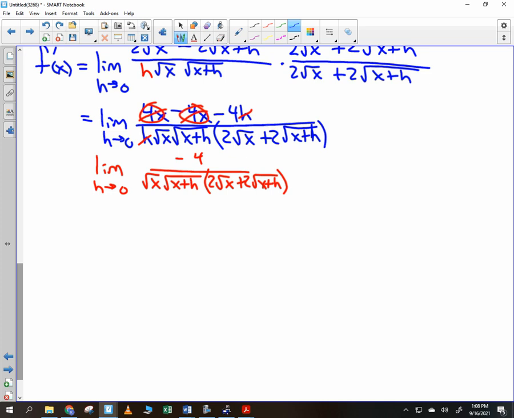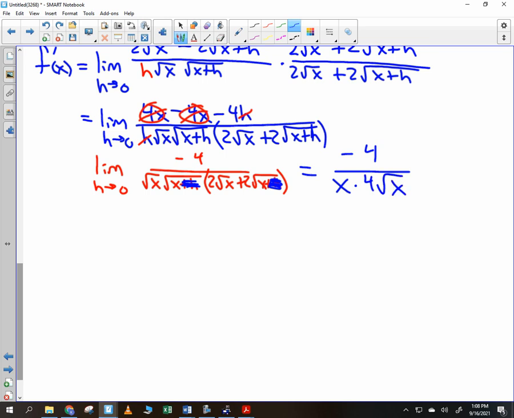If you were wondering how to do that, sometimes it's nice as you plug in 0 for h, you just scratch them out because they just go away, right? So what is the square root of x times the square root of x? X. What is 2 roots of x plus 2 roots of x? 4 roots of x.